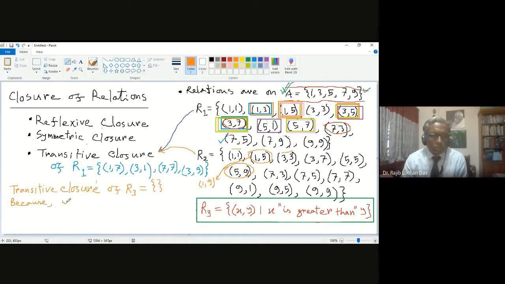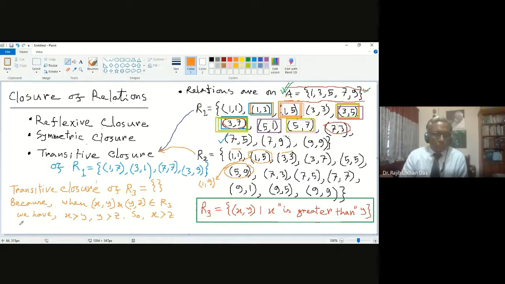You will write: because when x comma y and y comma z both are in the relation, we can say x is greater than y and also y is greater than z. So x is greater than z.